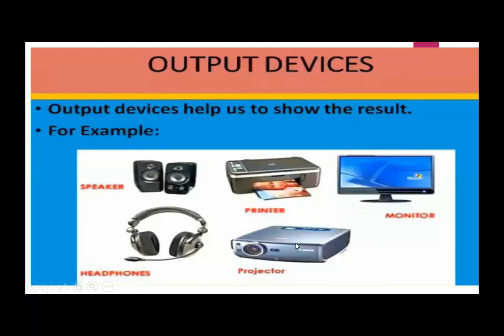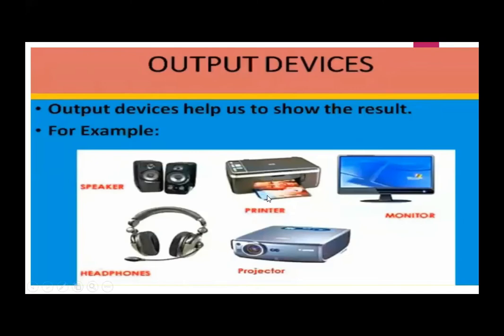Projector is also called an output device. A projector displays the output on a screen. The screen can be a whiteboard, white cloth, or even a plain white wall. We use it to show presentations and movies.